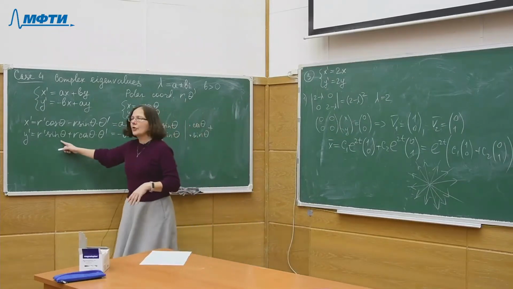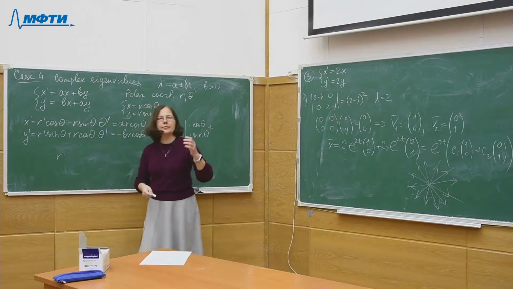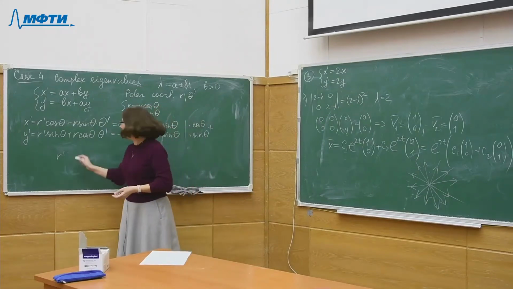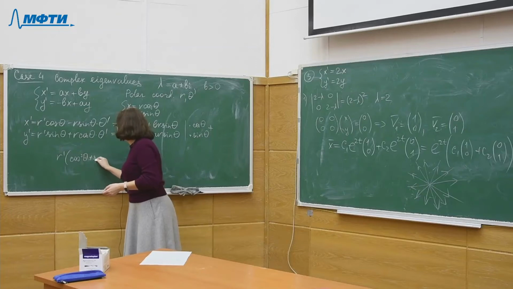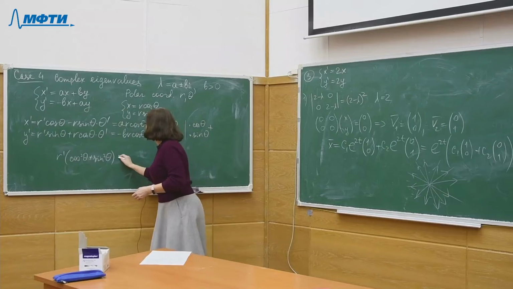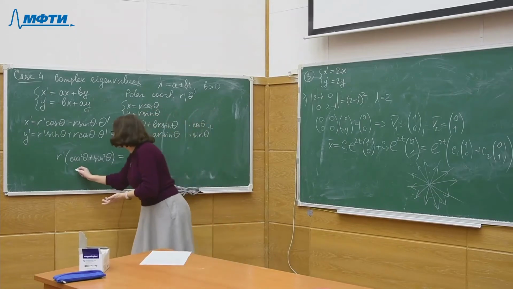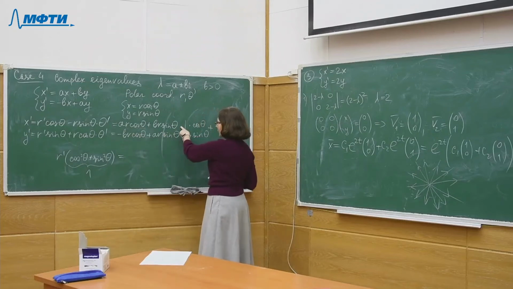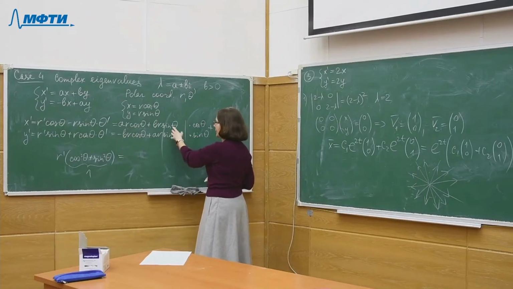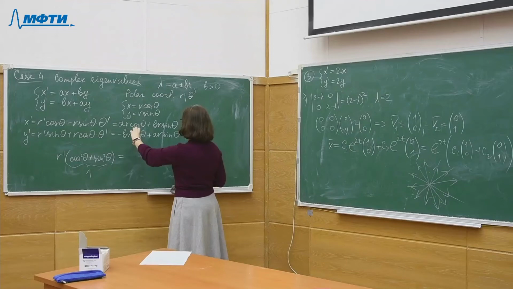But the first terms will be r prime times cos squared theta plus sine squared theta, which is 1, of course, right? So we must multiply this by cos theta and this by sine theta, and add them together.